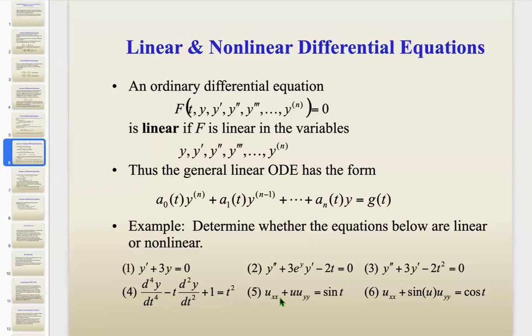But just for the record, this would be a nonlinear PDE because the coefficient of the u_yy term involves u. And similarly here, because you have a u_xx and a u_yy, it's a PDE, not an ODE. And notice the coefficient of u_yy involves u. So that's nonlinear as well.